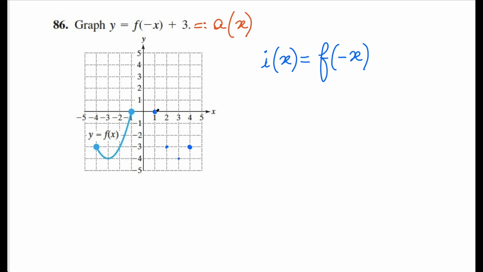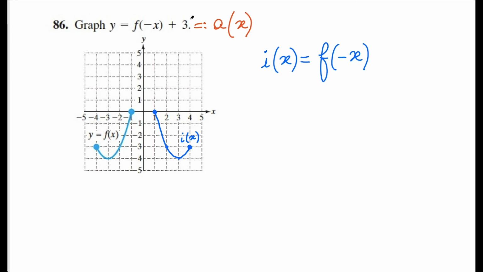And the function is going to go like that, right? Something like this. Again, it's not going to be very accurate, obviously, but this is the idea. Who's that function? That's the function I of x. So we obtain the function I by reflecting the graph of f in the y-axis.